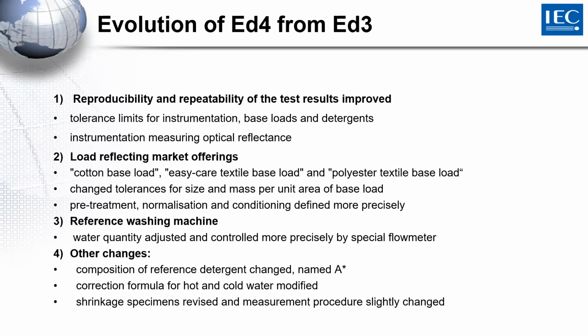Tolerances were changed, and the pre-treatment, normalization and conditioning method was more defined. The reference washing machine water quantity was adjusted and controlled more precisely. And other changes were that IEC A-star was introduced, the correction formula for hot and cold water was modified, and shrinkage specimens were slightly revised. Next, please.